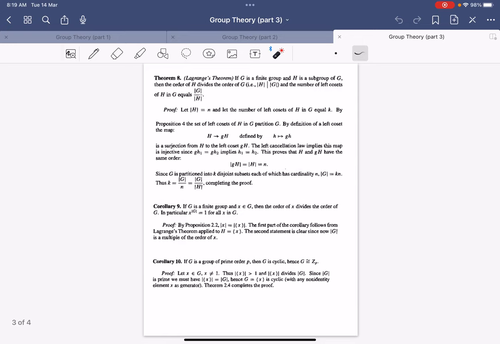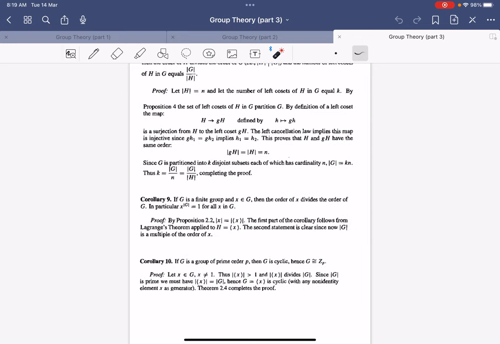So with this Lagrange theorem, now we can say that the order of an element divides the order of G as well. So every element's order divides the order of the group. In particular, x to the power of n equals 1 for all x in G, if G is finite, of course.